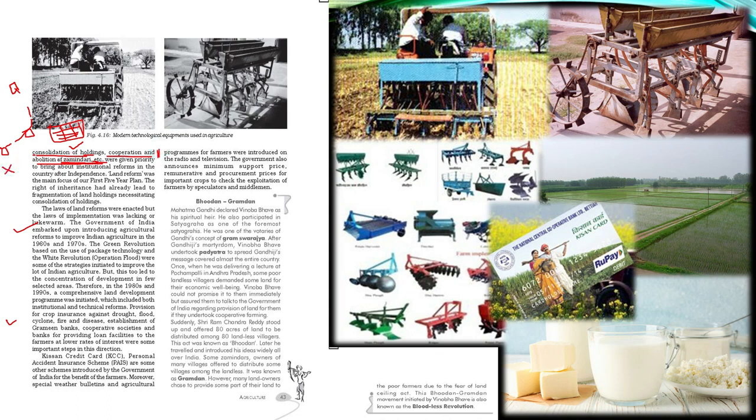So this was a policy of the government under which the zamindari system was abolished. Now the farmer who is toiling hard in the field, the profits of that field will belong to the farmer himself.